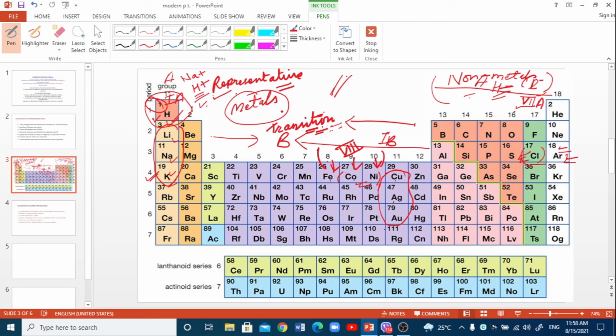Now group 8 elements have been kept in subgroup B. Group 8 has 3 different columns where iron, cobalt, nickel are kept separately, so there is no complication in studying group 8 elements in subgroup B. So these are the advantages of the modern periodic table, and in the next video we are going to study about groups and periods of the modern periodic table.